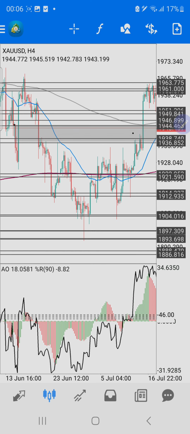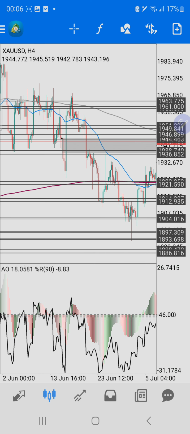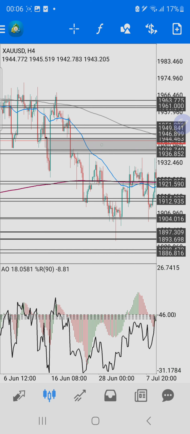Now you can see what the market did here. You can see a wick here, a wick here, you can see this was broken, the market came down again. Oh sorry, not here, the market came down here, market retested and market fell down.